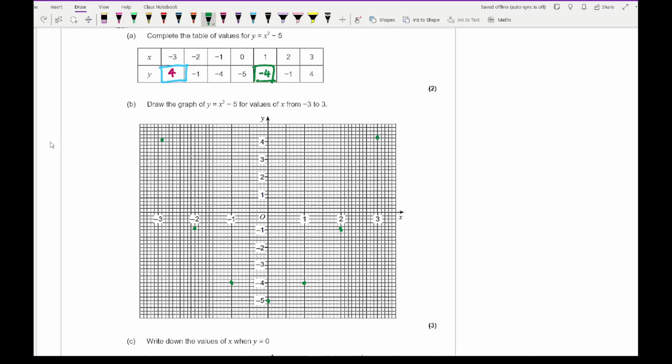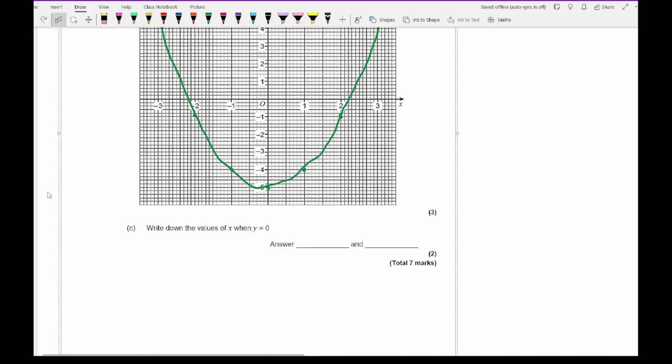And then what you want to do is join those points up to try and make a smooth curve. Hopefully I do get better at this as the video progresses. That's not too bad.